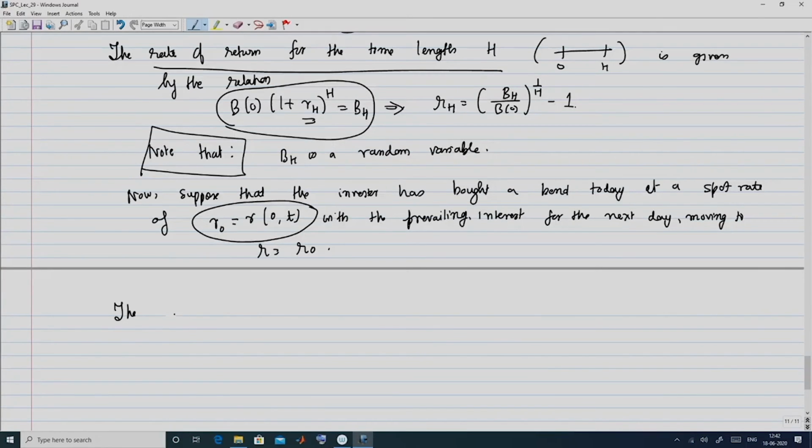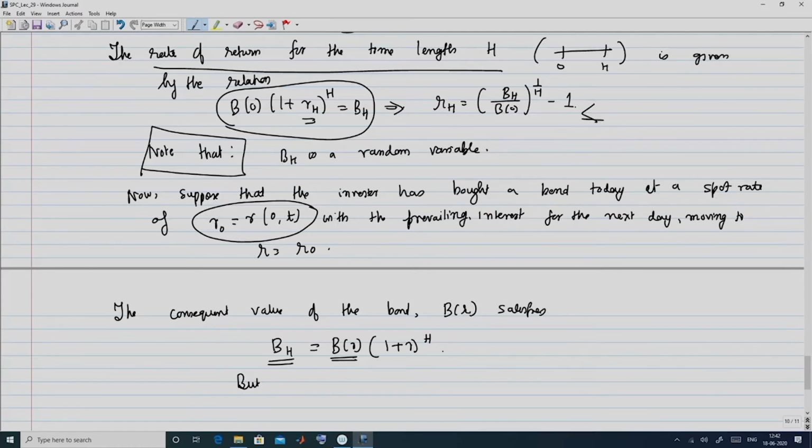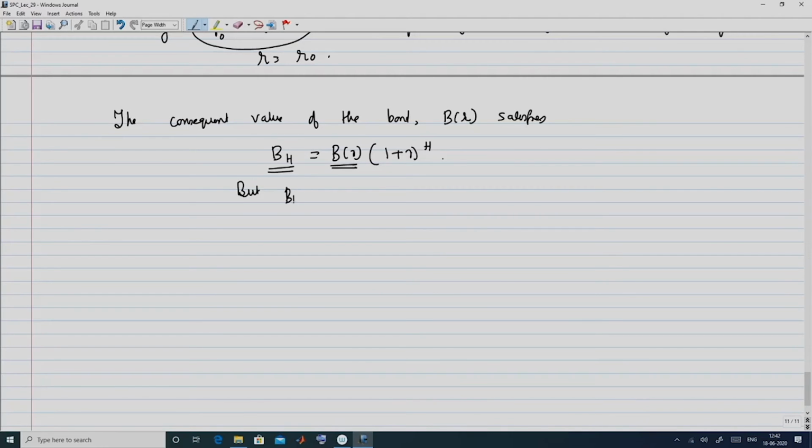So, the consequence is the following: the resulting value of the bond, denoted by B of R, is related to BH as BH is equal to B of R into 1 plus R raised to H. But we recall from the earlier relation that BH is equal to B0 into 1 plus RH raised to H. So, now what do we have?